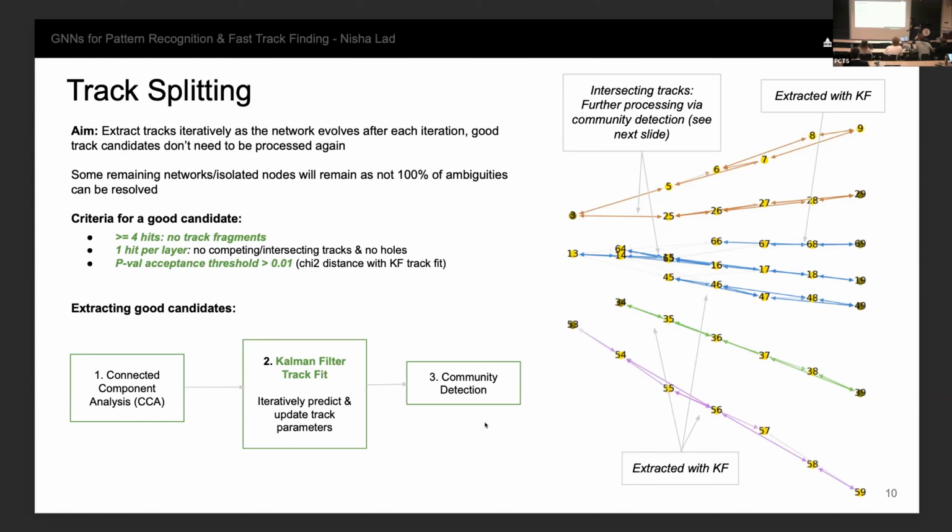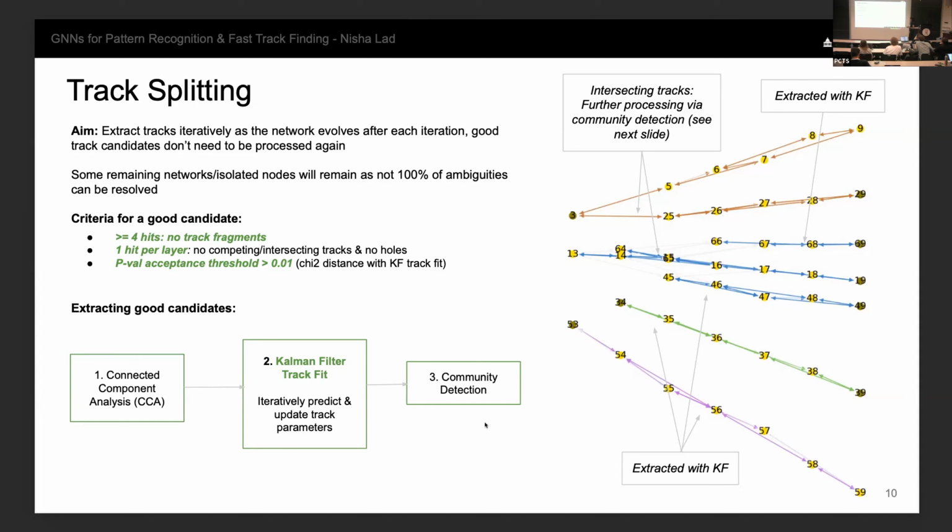So the track splitting algorithm comprises 3 parts. The first thing we would do is apply out-of-the-box connected component analysis again to separate any of the subgraphs. The second bit is the Kalman filter track fit. So again, iteratively predict and update track parameters.